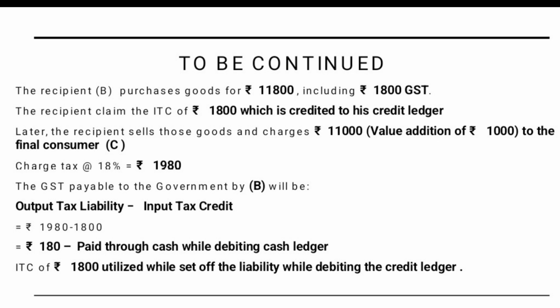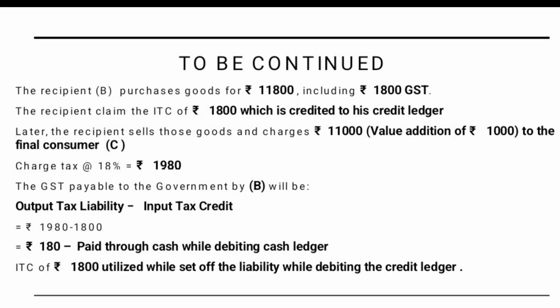That is the first supply chain. Then the recipient sells those goods and charges 11,000, with a value addition of 1,000. Finally, B sells the goods to C, the final consumer, at a price of 11,000. Here he purchased it at 10,000 and added value 1,000.